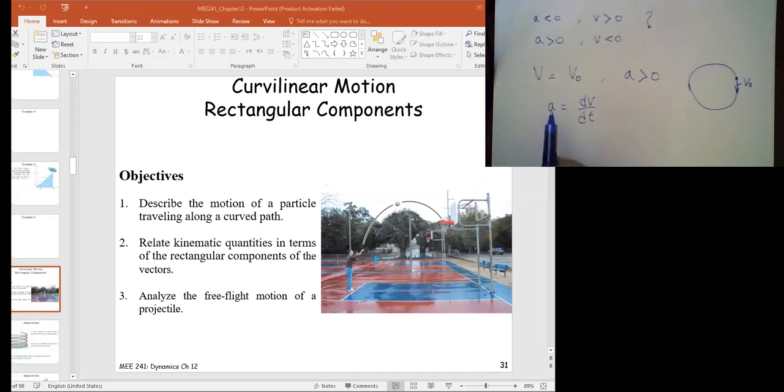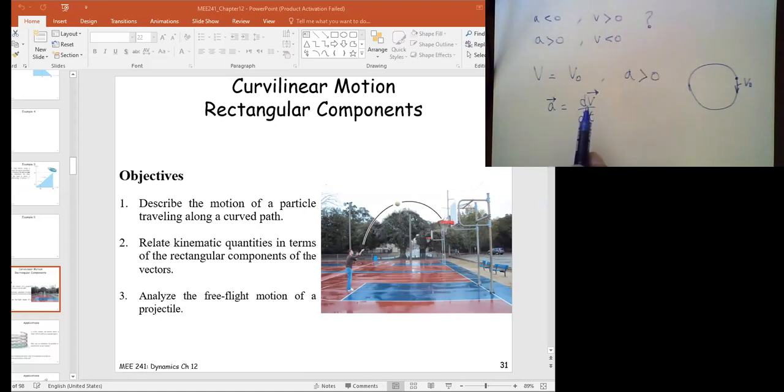The acceleration is actually the derivative of the velocity vector. Even though the magnitude of that vector is not changing, the direction of that vector is changing. So if the velocity vector is simply changing direction, you will have an acceleration.